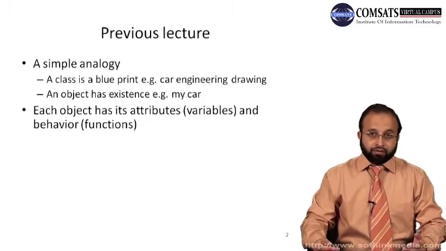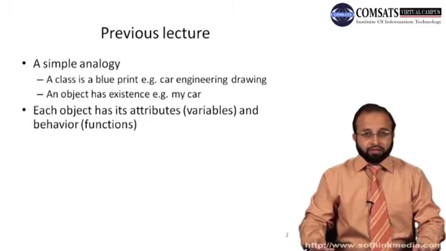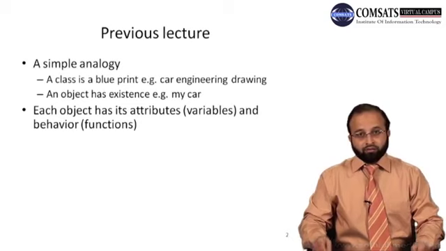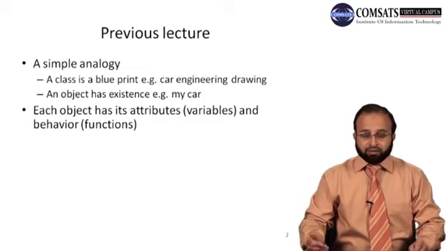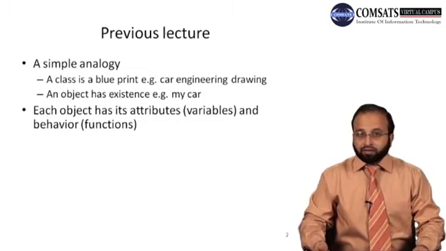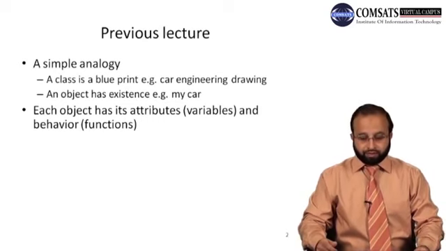So the analogy we have seen in the first lecture, we said that there is a car engineering drawing, a very comprehensive drawing or design that shows what the different functions or the behavior of a car are. So if we build a car using that design, we get an actual car, then that car is actually the object of that car engineering drawing class, we can say, right?